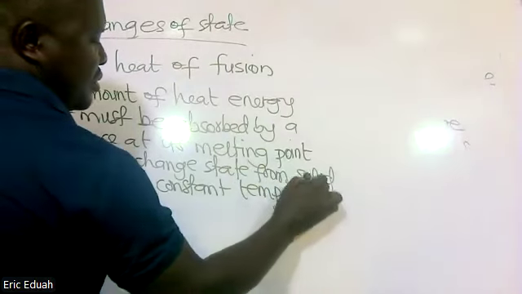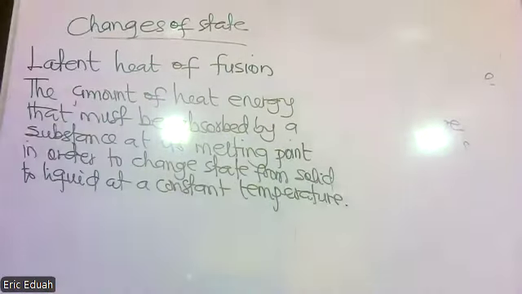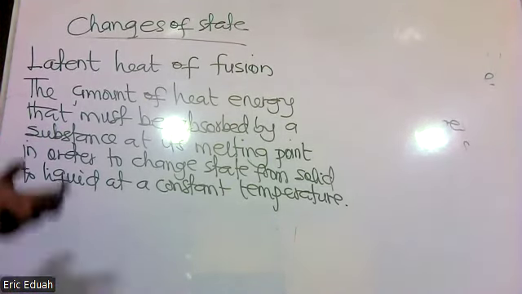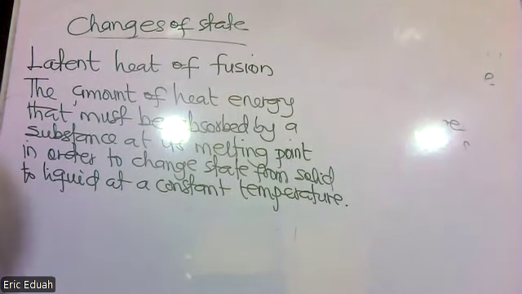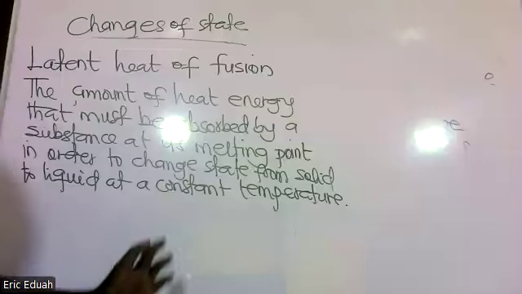This is also similar to heat capacity. If we talk of heat capacity, we are looking at the amount of heat energy that must be absorbed by a substance to raise its temperature by 1 degree Celsius or 1 Kelvin, and this is for any given mass.